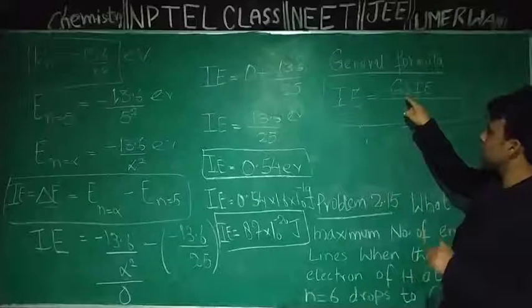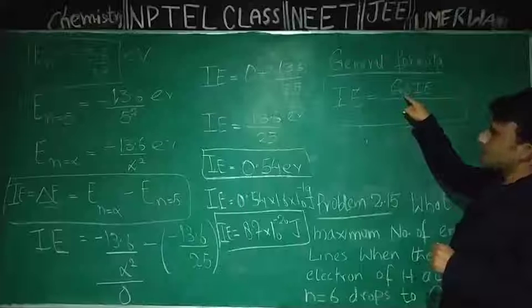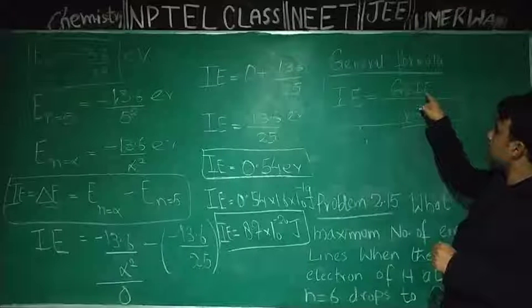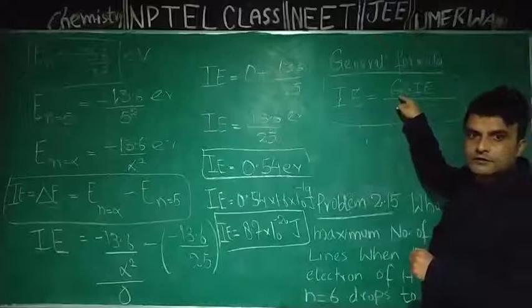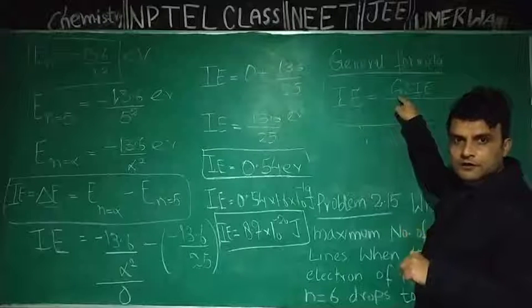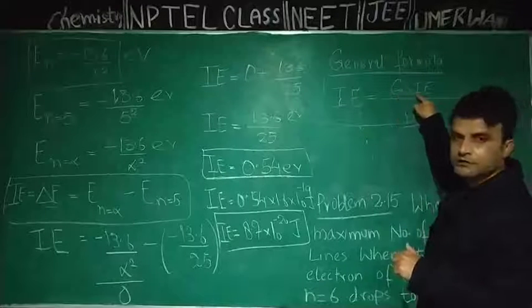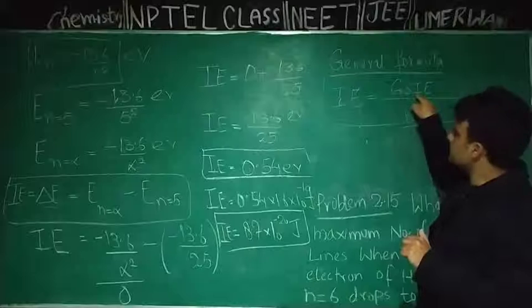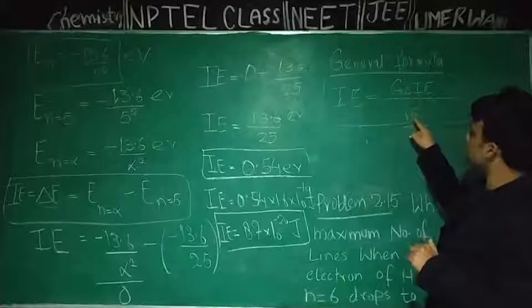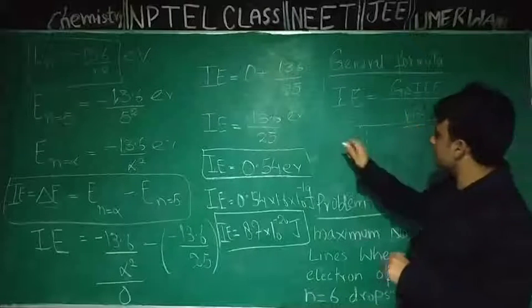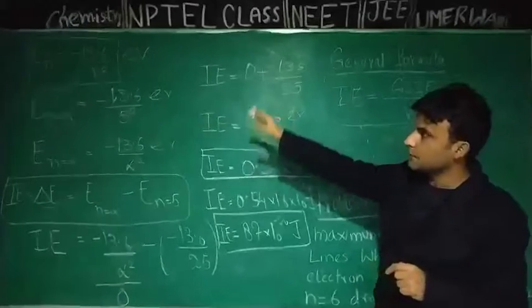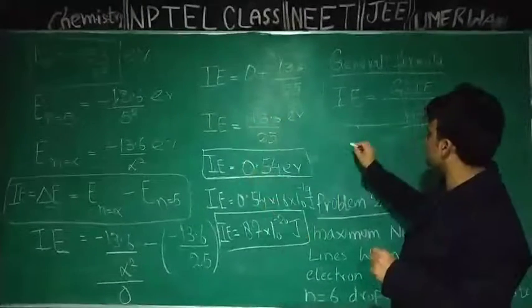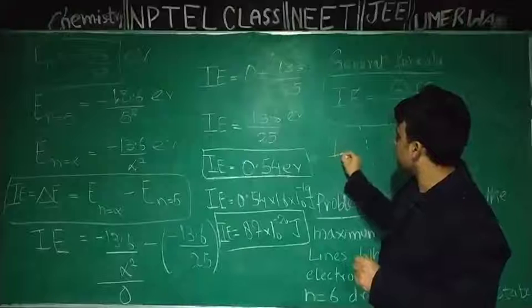What we have to do, we should have in mind the ionization energy of the hydrogen atom when the electron in it is present in n equal to 1, when the hydrogen atom is in ground state, and divide that by n square. For example, if I solve this problem using this general formula, I can save my time.